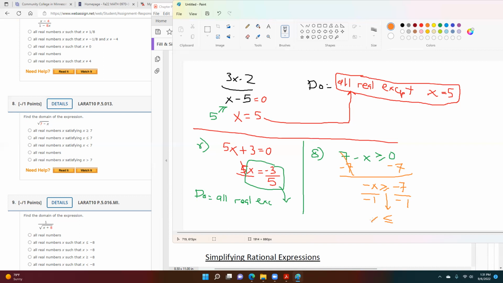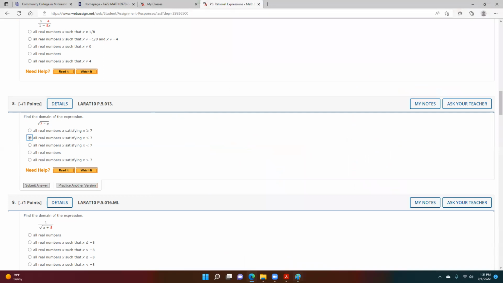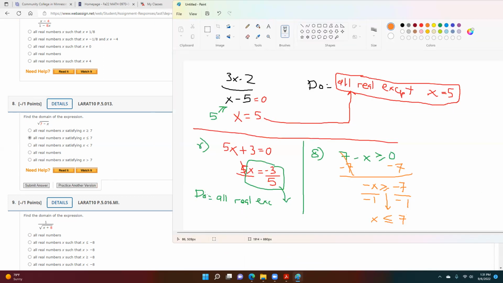So you got x here, and you got 7, because negative 7 divided by negative 1 is 7. So your answer in this case is all real numbers satisfying x is less than or equal to 7. That answer is B in this case. So this is how we do question number 8.